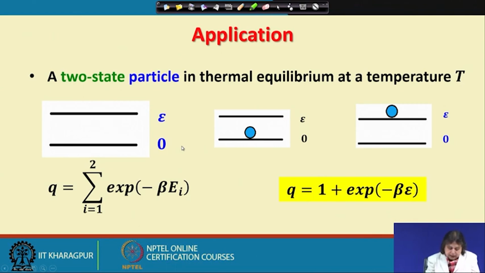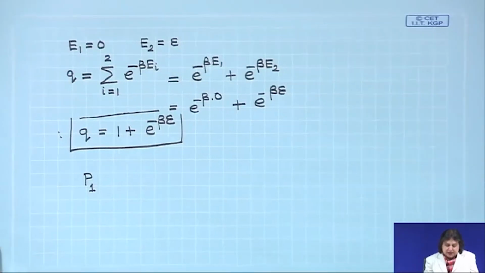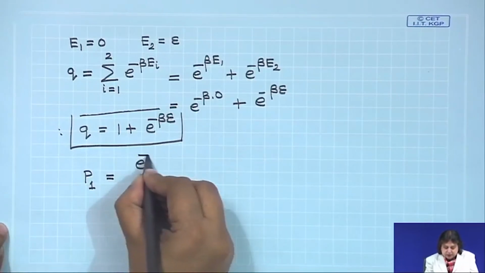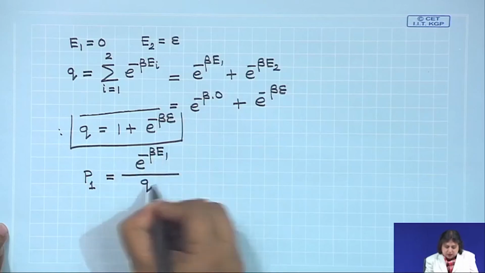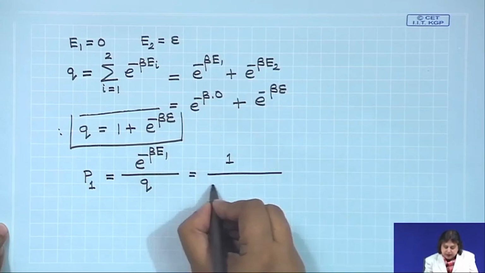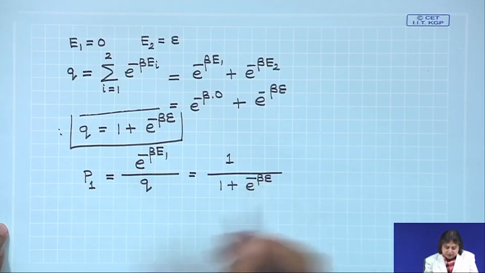Therefore, the probability of observing the system in the lower energy state, which has an index 1, is equal to e to the power of minus beta E1 by Q. Now, what is E1? That is 0. So, this term becomes 1, and I have 1 plus e to the power of minus beta epsilon.